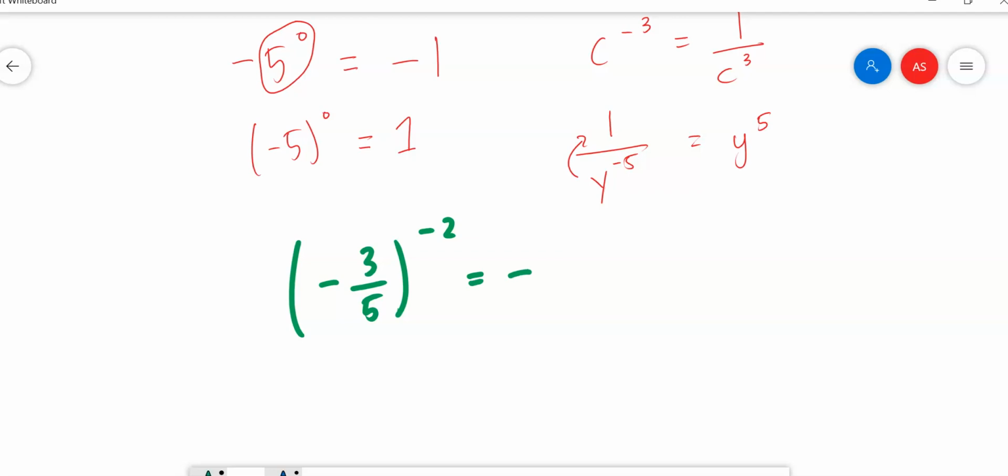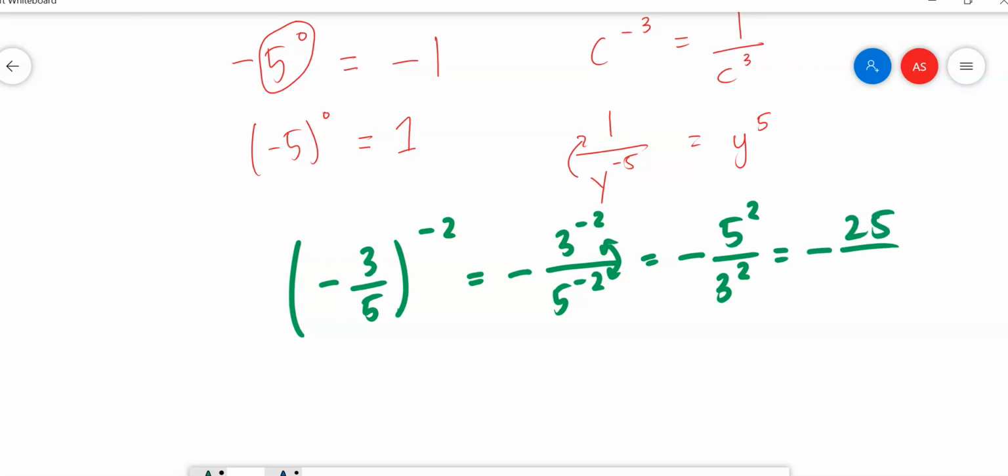And then I'm going to say, hey, I have 3 to the -2, and I have 5 to the -2. That's one way to look at it. So I'm going to leave that negative alone again. And then again, these two guys are unhappy, so switch their position. So it becomes 5 squared over 3 squared, and this becomes -25 over 9. Okay, watch that one very carefully.